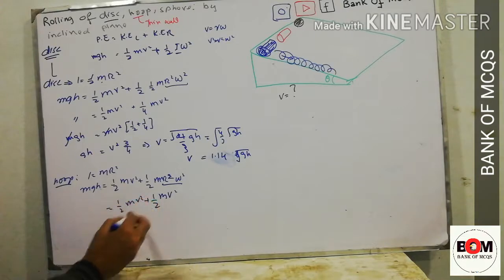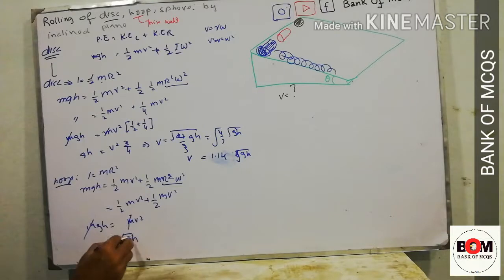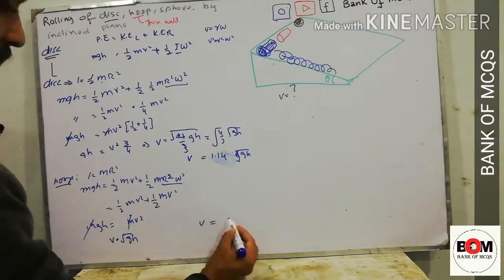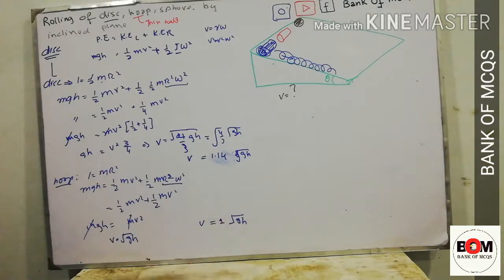So half plus half is equal to 1. So half mv square plus half mv square is equal to mv square. So mgh is equal to mv square, m cancels with m. So we will get v is equal to under root gh. So the velocity in the case of the hoop is v is equal to under root gh, or v is equal to 1 multiplied by under root gh.